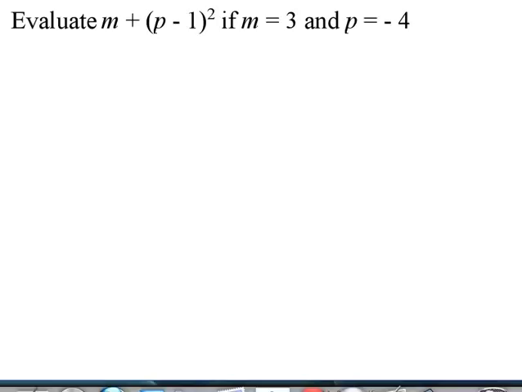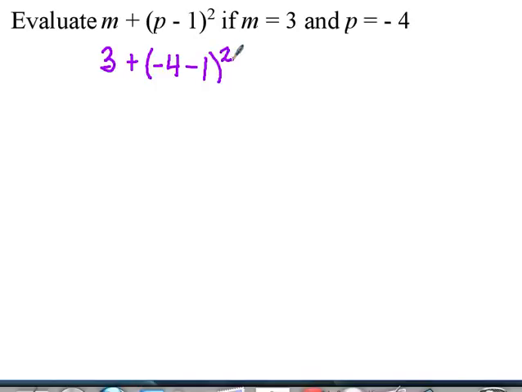So we're going to look at the following. It says to evaluate (m + p - 1)^2 if m = 3 and p = -4. When it says to evaluate, that just means to answer. So I'm going to plug in 3 for m, and I'm going to plug in -4 for p.